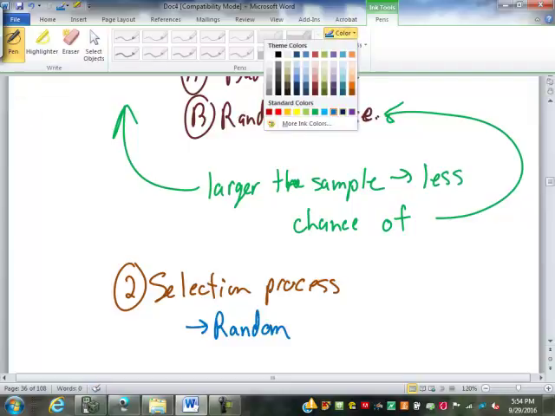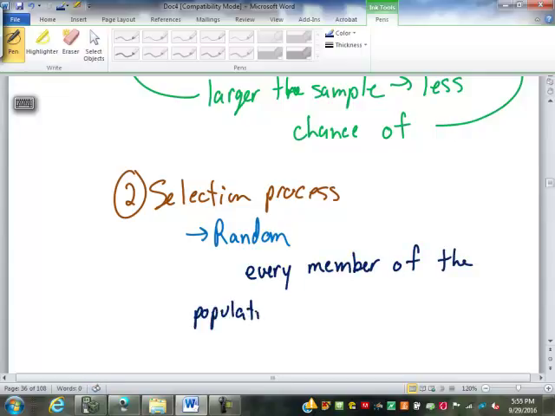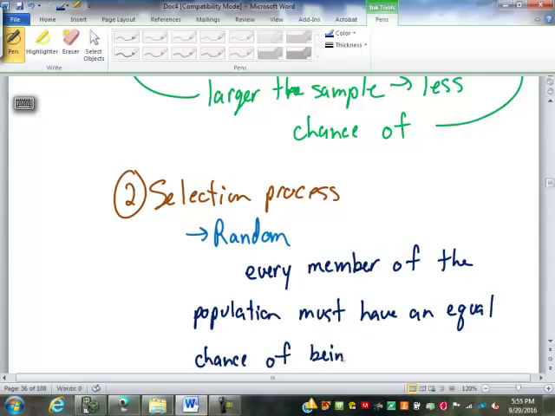To be random, that means every member of the population must have an equal chance of being in the sample.